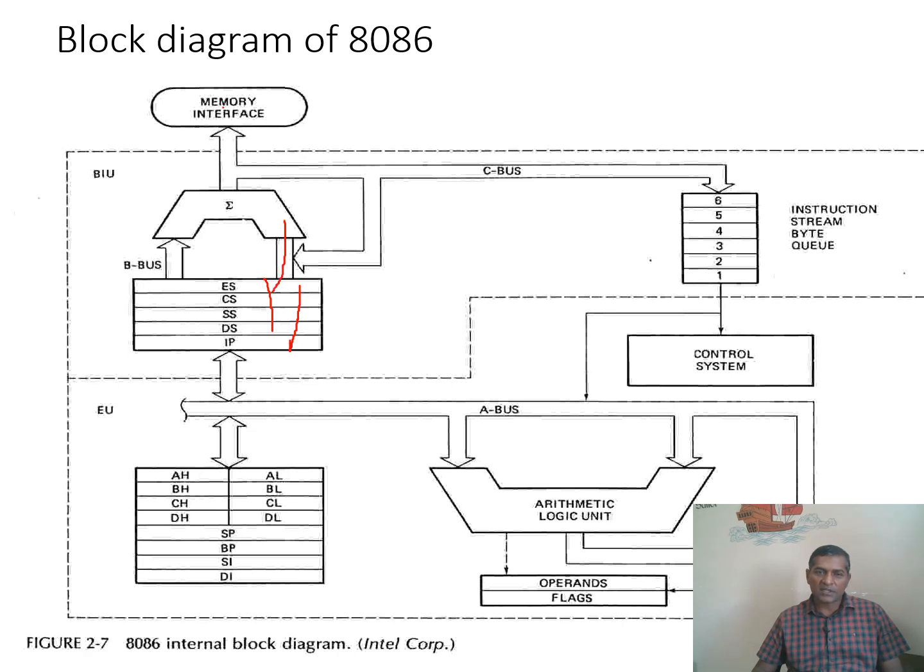The address is communicated and then the data from that location will be collected using the bus and stored into this queue one after another, and then this information is stored into the registers if it is data, and if it is an instruction then it will be communicated to the arithmetic and logical unit for processing.